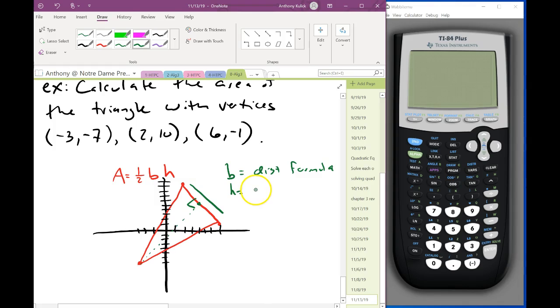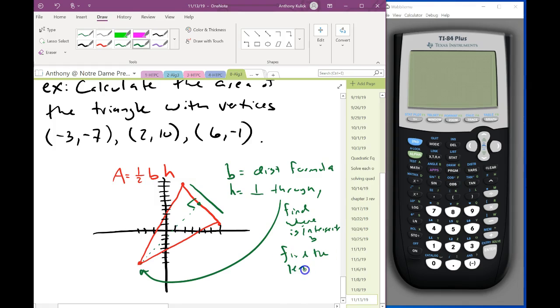So you'd have to find the perpendicular through this point, then find where it intersects B, and then find the length using the distance formula. That's a heck of a lot of work. That stinks pretty bad. Is there a better way to do this? Yeah, you would think at this point that there must be a better way. There is.